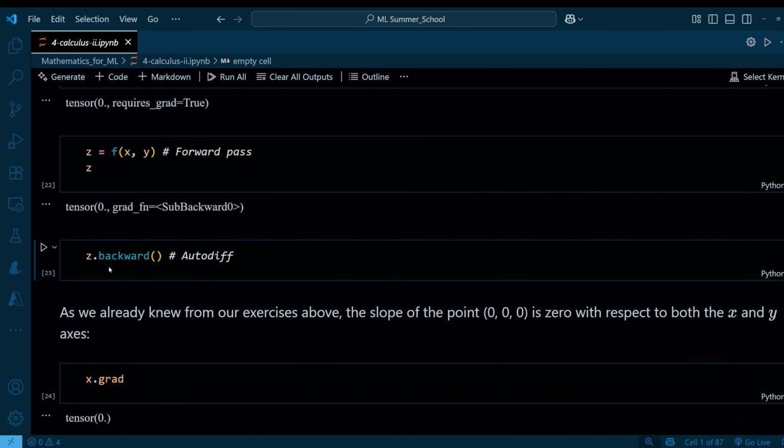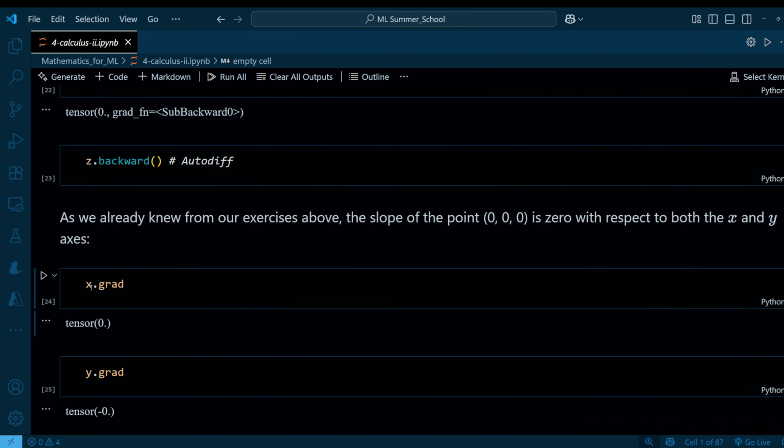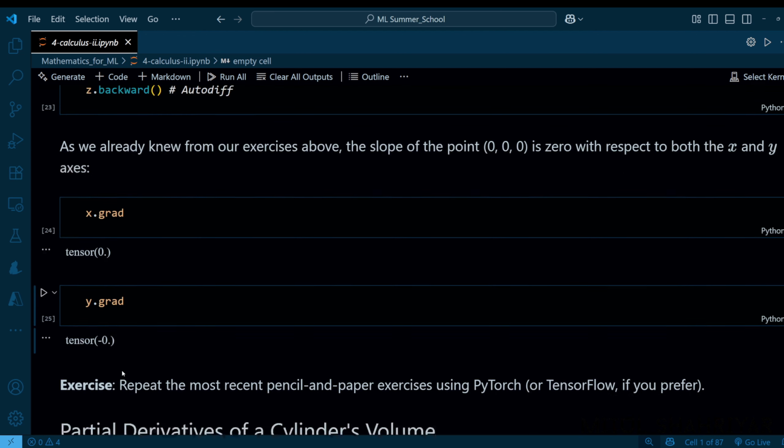Then z dot backward does the differentiation on both x and y, that means dz by dx and dz by dy. If we look for dz by dx, we get 0 because x has the value 0, and dz by dy is minus 0 because dz by dy is equal to minus 2y.